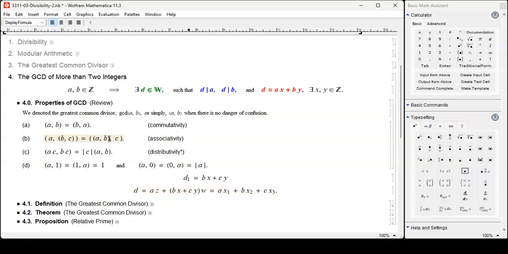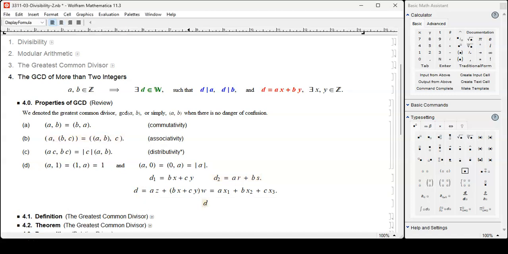And you can do something similar to this guy. B2, oops, is, okay, A, and then I'm really running out of characters here. R plus B, S, kind of like that. And then putting this to the right hand side here, you can get, oh my, another character, D prime.